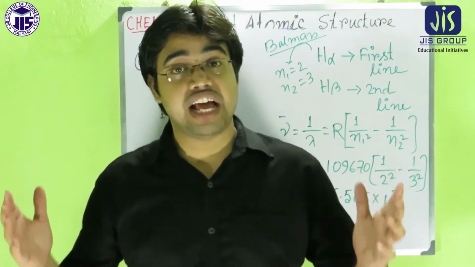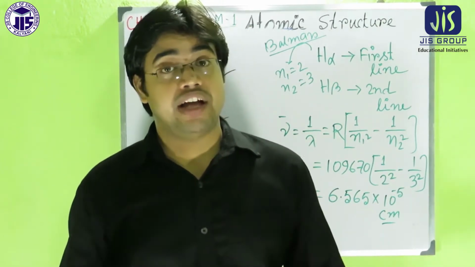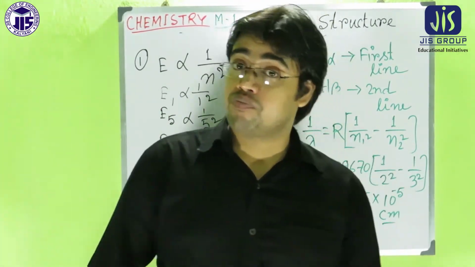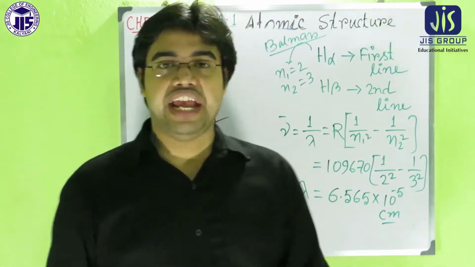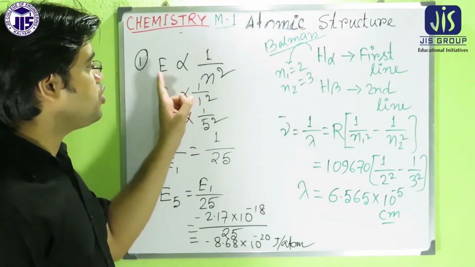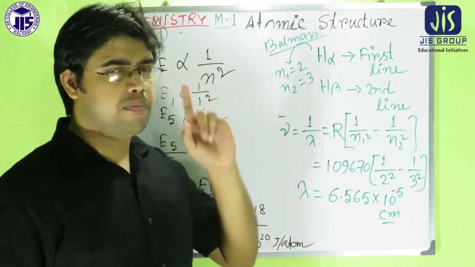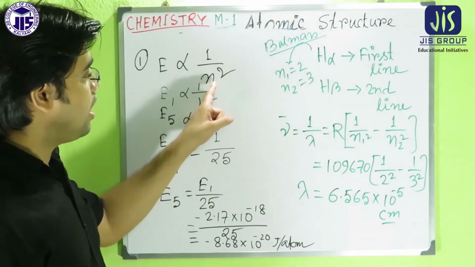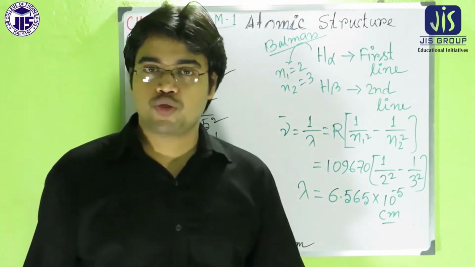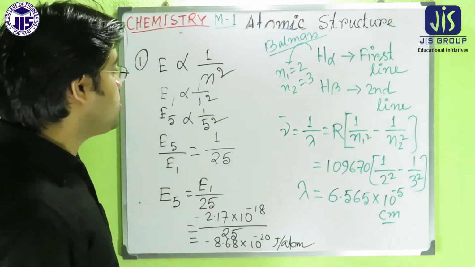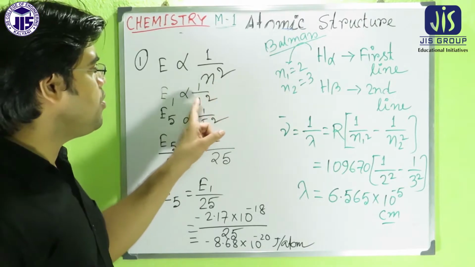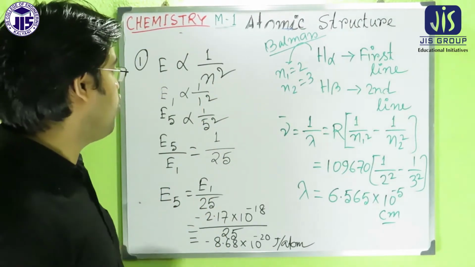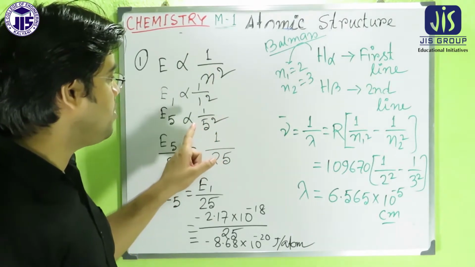When we determined the expression of the energy from Bohr's model, we discussed that energy is inversely proportional to the square of the principal quantum number. If it is the first Bohr orbit, the principal quantum number is 1. If it is the fifth Bohr orbit, then the principal quantum number is 5.